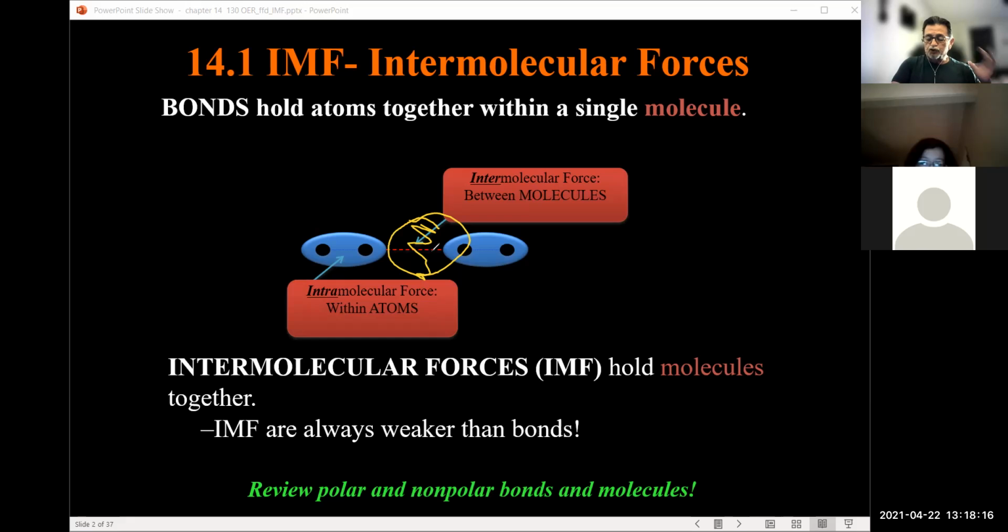So if we have very strong interactions, it's going to take a lot of energy to break them, and the boiling point is going to be a lot higher. We're going to use boiling point, surface tension, vapor pressure, and some other properties to compare molecules.